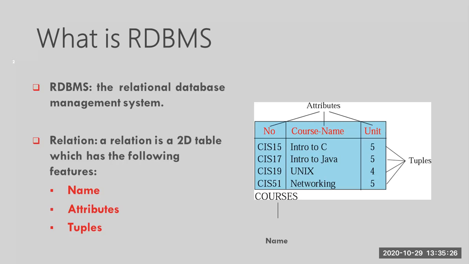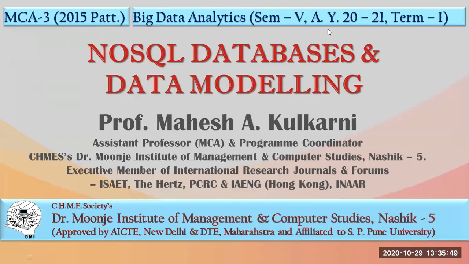All of us know that there will be the integrity concept, data integrity, referential integrity, some mapping constraints, and a relation converted into a tabular format. So today we are going to revise the NoSQL databases and data modeling concept.